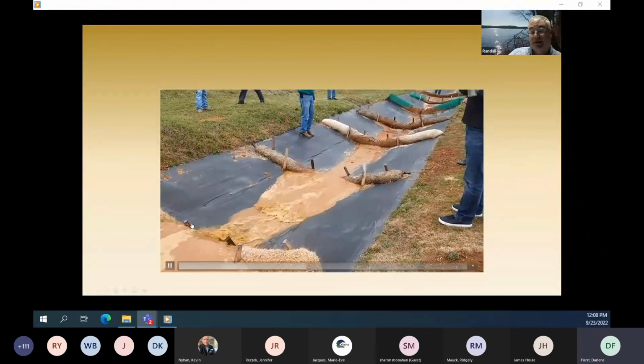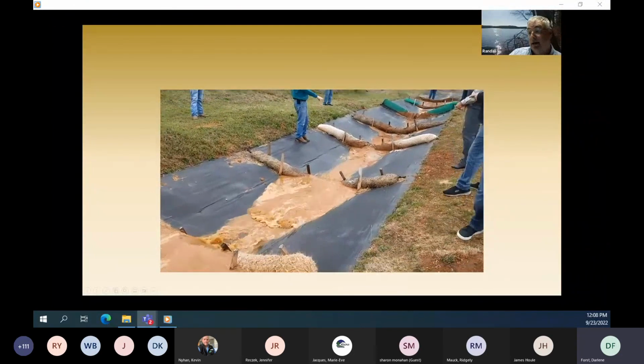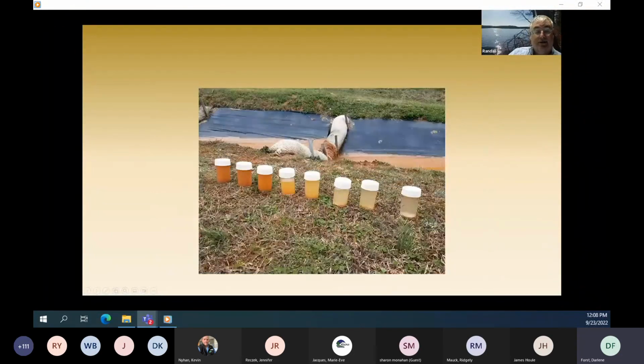The water goes over these things. At each log, they're going to grab a sample, and this is the result. So in 60 feet, they went from the left-hand water to the right-hand water. Now, not totally clear, but if you had some additional settling time afterwards, you could clean that water up pretty quick.